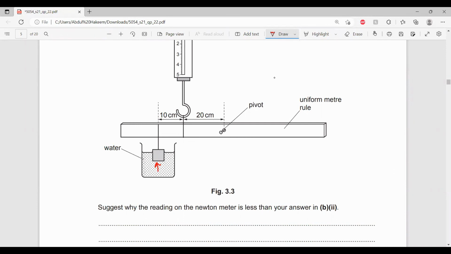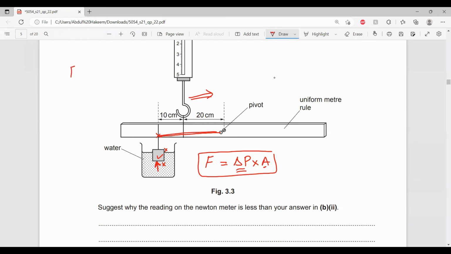Do remember, we have done in the class that the thrust is a force which is exerted due to pressure difference, and it is calculated by this formula: pressure difference at the bottom and top multiplied by area. So look, when this block is lifted up with some force, when the force is small, then the turning effect is small. So definitely on the other side, the force will be small.